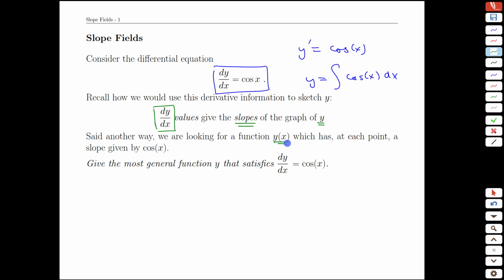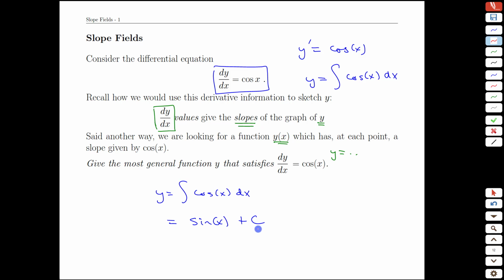We're looking for a function y. We're looking for y equals. But what we know about that function is that the slope at any point is defined by cos of x. Let's start by returning to what we know: if the derivative of y with respect to x is cos, then y is the antiderivative of that, or the integral of cos, and we know that's sine of x plus c.